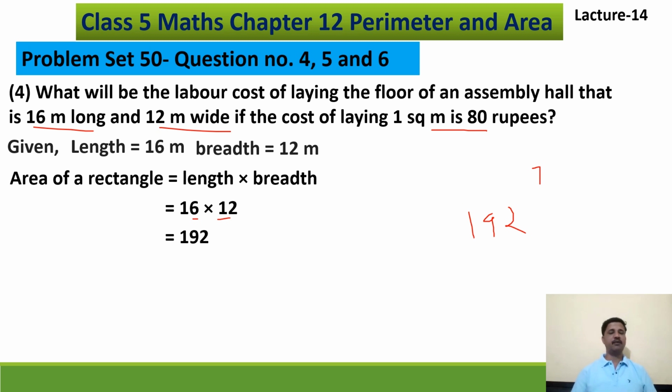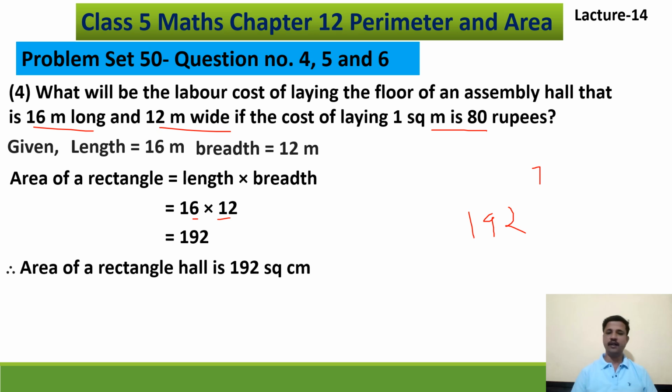So area of rectangle equals 192. The area of the rectangular hall is 192 square meter, not centimeter. This is a square meter.